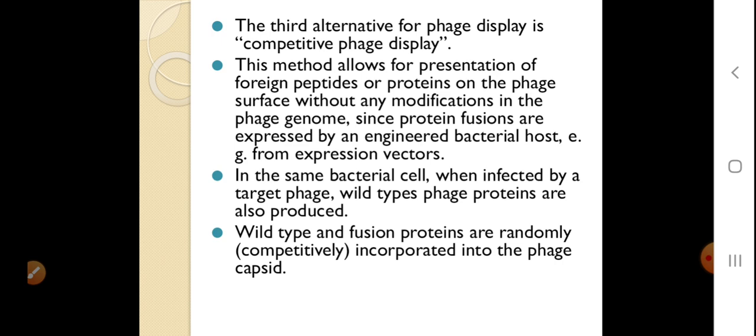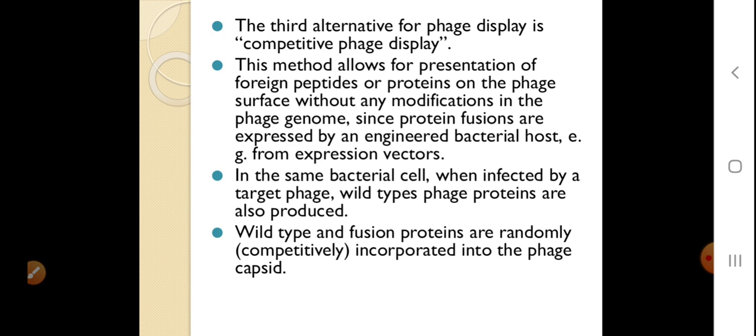Protein fusions are expressed by an engineered bacterial host, that is, you already have a bacterial cell, a host, which is harboring an expression vector, and this synthesizes a fusion protein. I repeat, you have a host cell, that is E. coli, which has an expression vector.